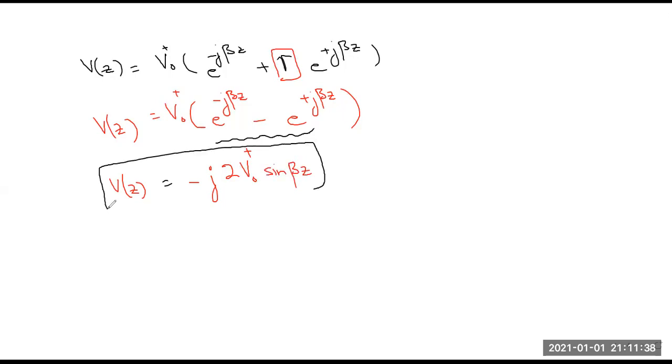So this is the behavior of the voltage along a short circuit transmission line. I will plot this equation graphically, and then we will talk about its significance.